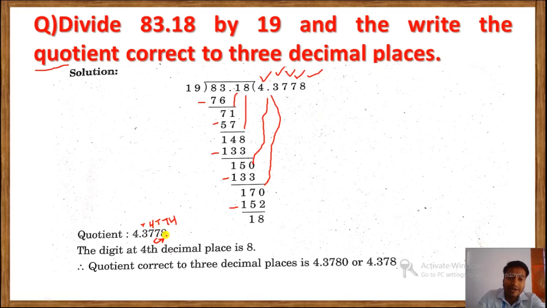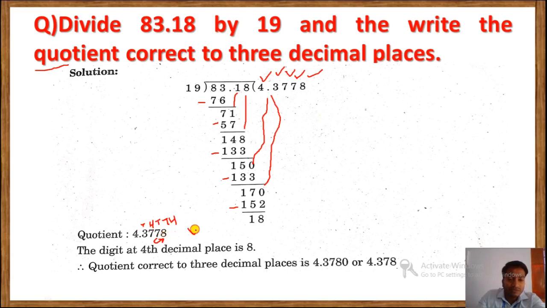So we have 8, and 8 is more than 5. So we have to increase this 7, that means the 1000 place value, by 1. And in the 10,000 place we will replace it by 0.